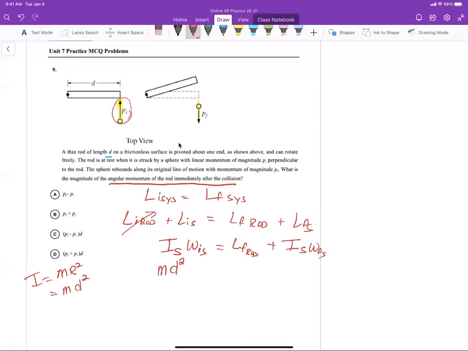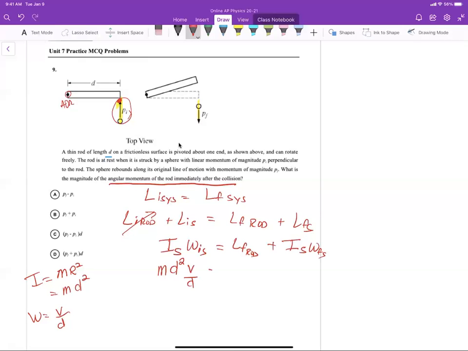Now, what's its angular speed with respect to this axis of rotation at the nanosecond that it's ready to hit that board? Well, that is equal to v over r, which in this case is d. So I have the velocity of that sphere over d.